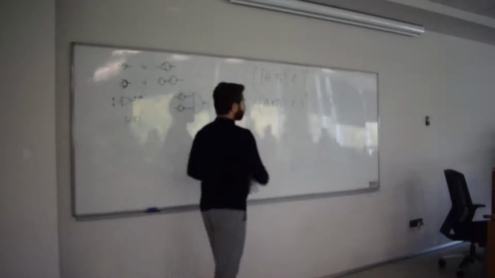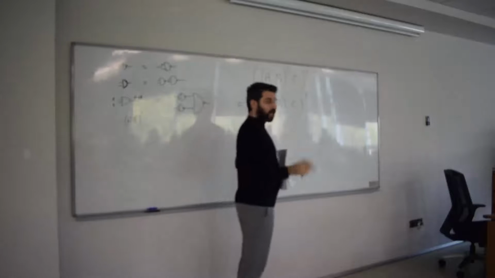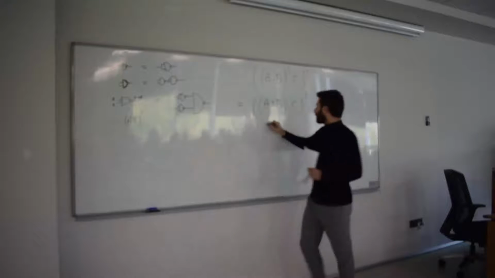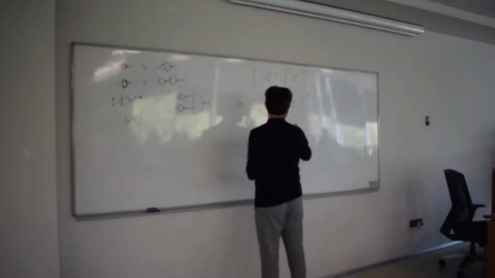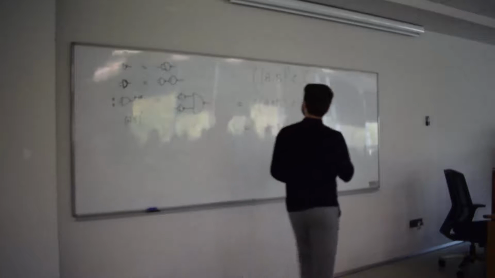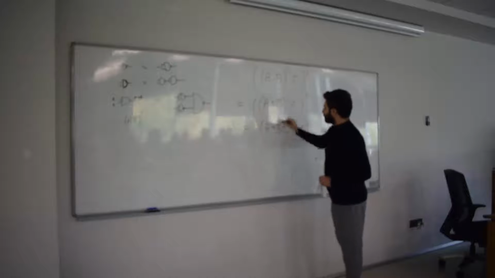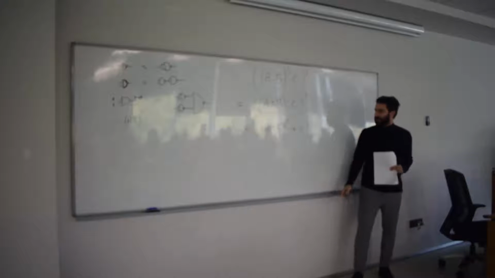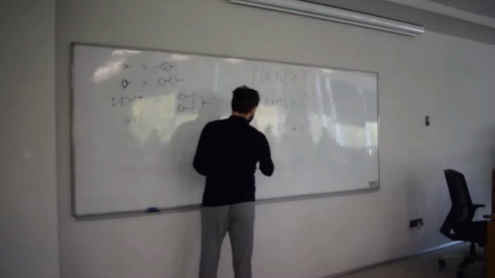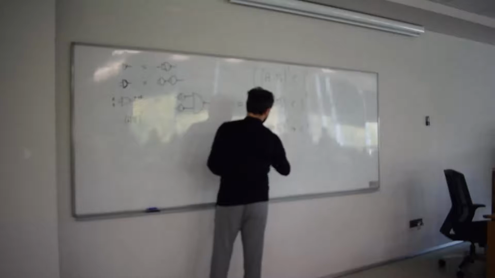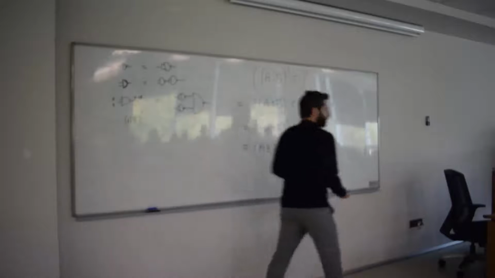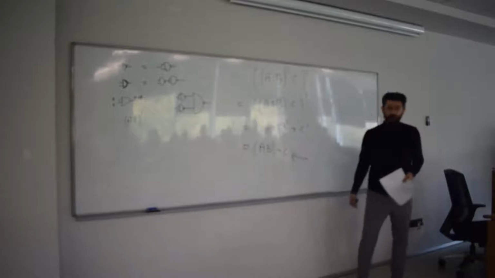I applied De Morgan's here, and I didn't stop there because I can apply De Morgan's one more time, to get A plus B prime plus C prime. So it should be A prime and B prime. Yes, thank you. Then you can keep it this way, or continue and write A, B prime plus C prime.